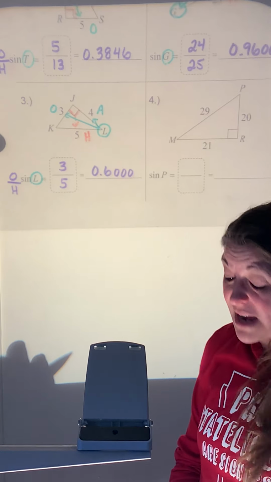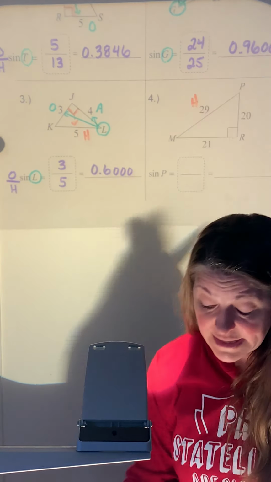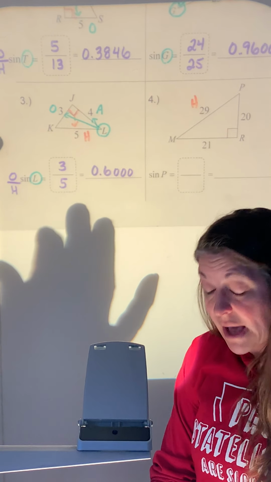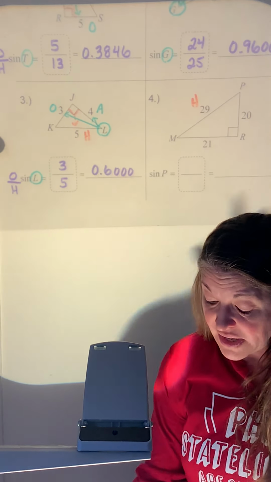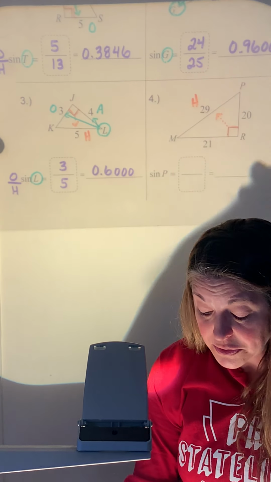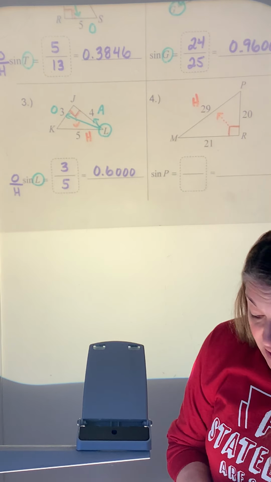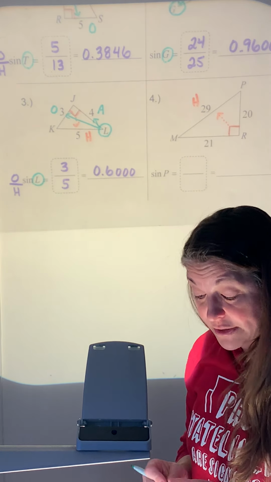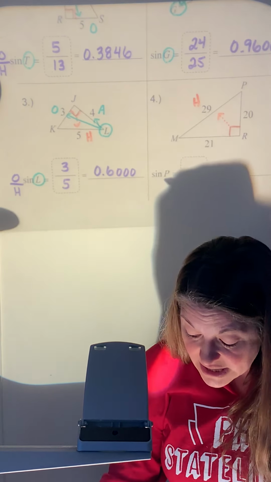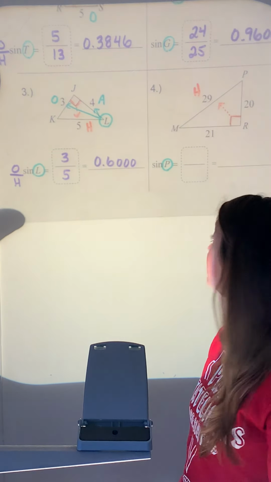Maybe I just look at my numbers. 21, 20, 29. 29 is the largest, so I know it's got to be the hypotenuse. Again, you can double check by looking at that 90 degree, but when you're given the 3 numbers in a right triangle, the biggest number will always be the hypotenuse. As far as the others with opposite and adjacent, that's where you're going to have to draw your arrows and look.